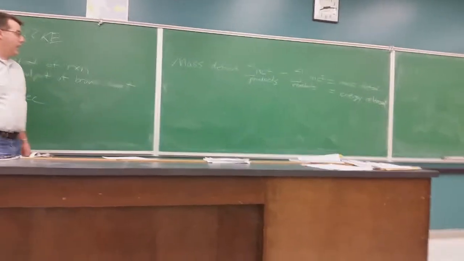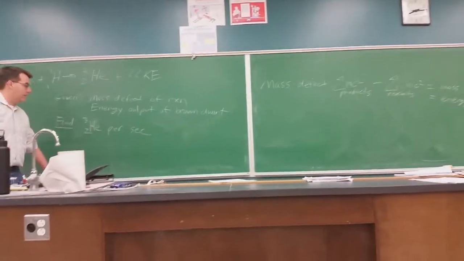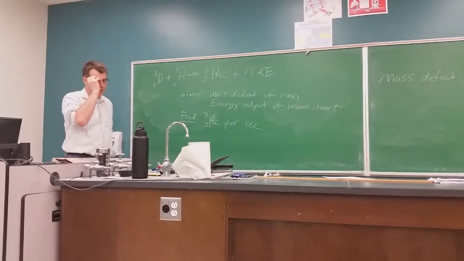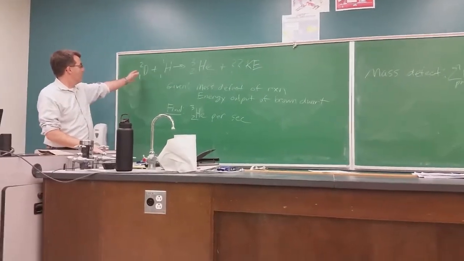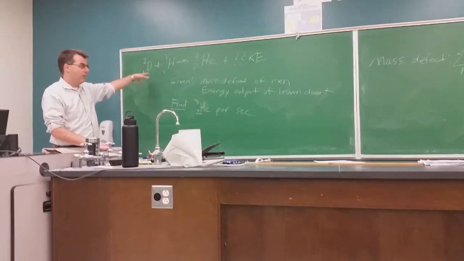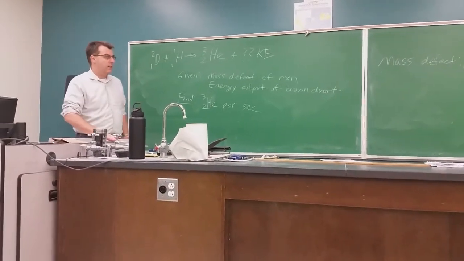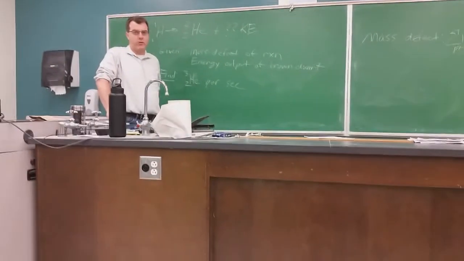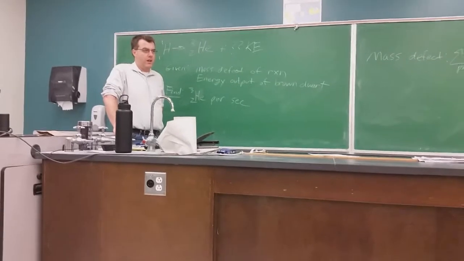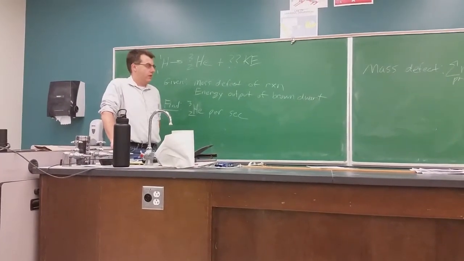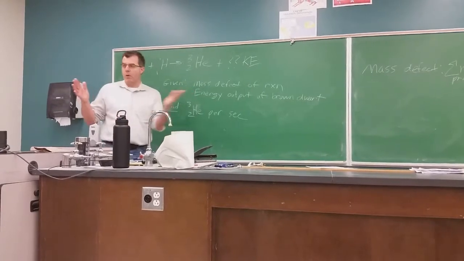If the products had more mass than the reactants, then these fusion reactions would only happen if you were able to first accelerate the things to really high velocities, and then the products would be unstable because the system would have lower internal energy, less potential energy if that nucleus broke up.